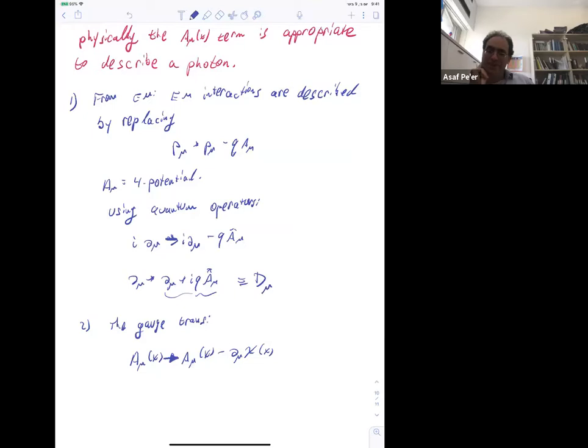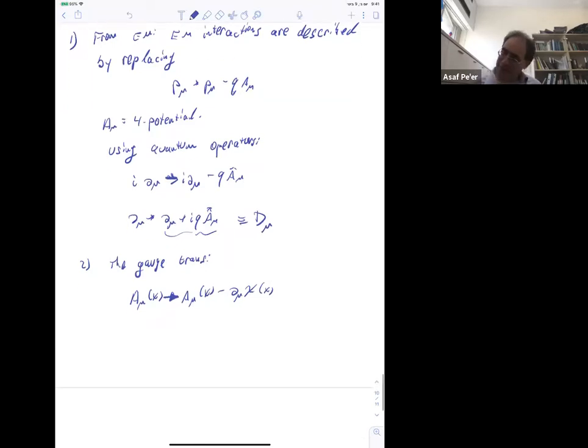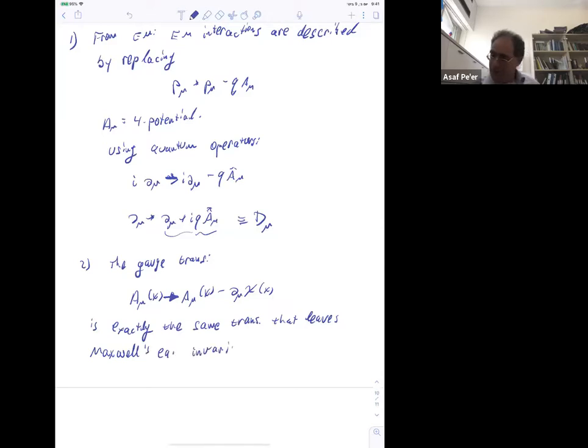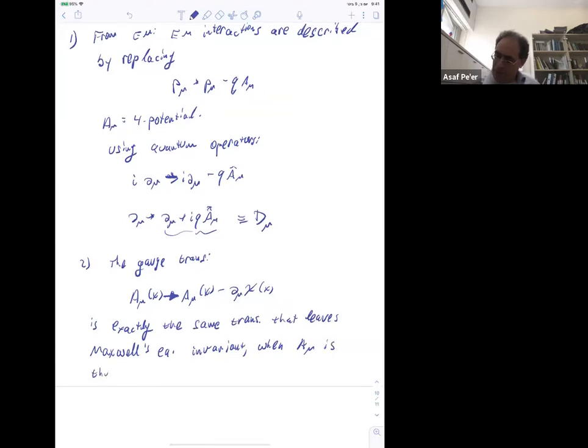The gauge transformation is exactly the same transformation that leaves Maxwell's equations invariant when A mu is the full potential of the electromagnetic field.